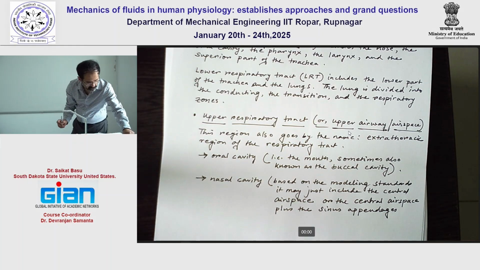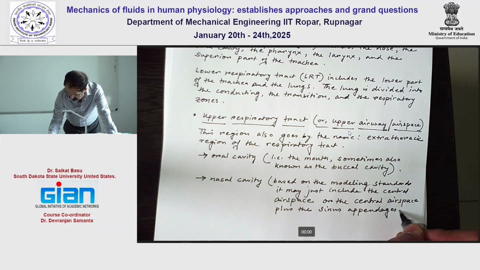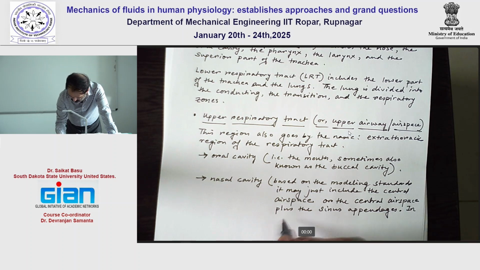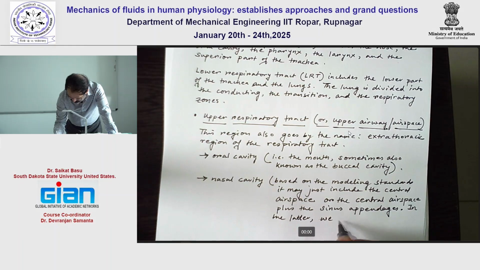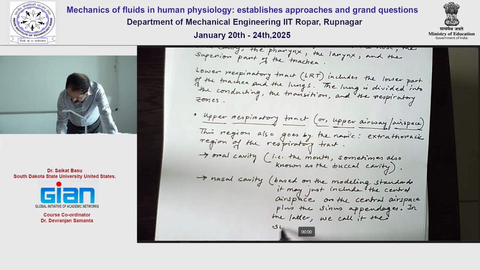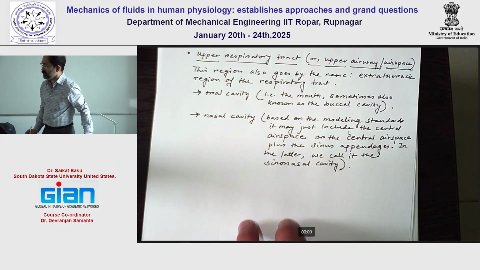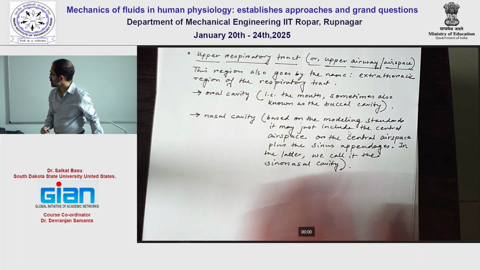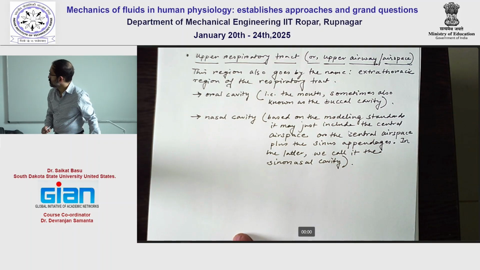And if we do include the sinus appendages, then that model would be called a sinonasal cavity. So in the letter, we call it the sinonasal cavity. And you can probably sense that once we include those adjoining structures, the airspace becomes morphologically even more intricate and complex.